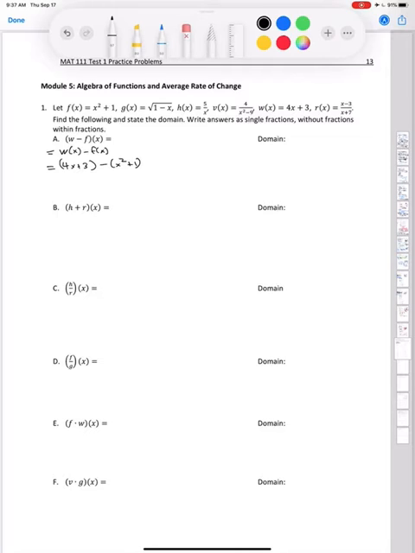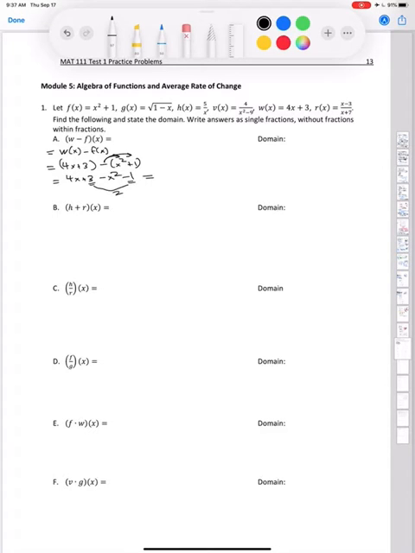Well, what we need to do now is simplify. So we'll go ahead and distribute. So that gives me 4x plus 3. Let's go ahead and clear the parentheses. Minus x squared minus 1. And then if we can simplify, which we can, a couple of like terms, right? We can go ahead and combine those two constants. They combine to 2.